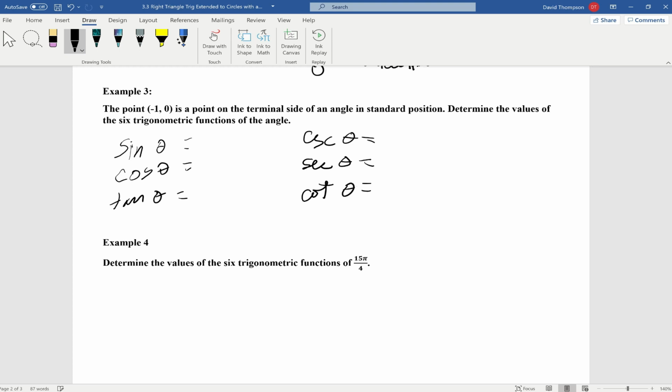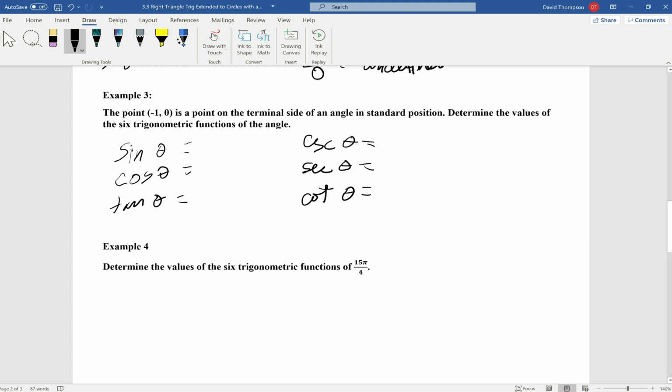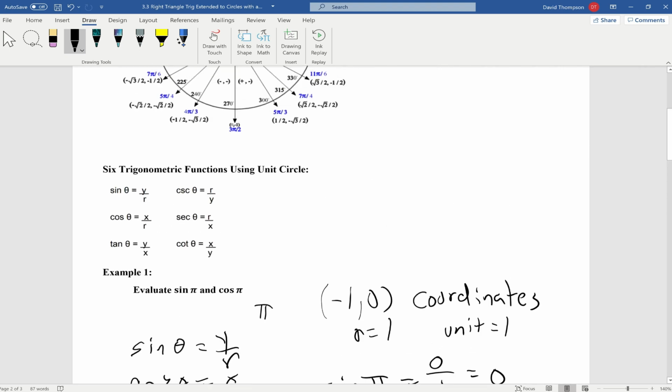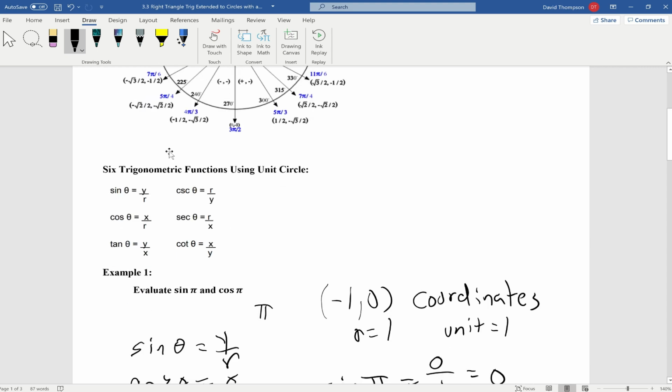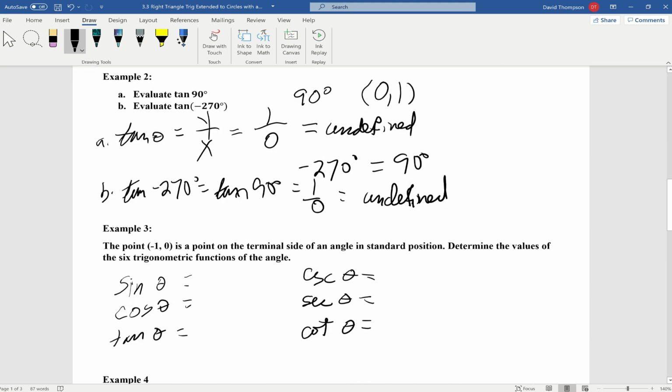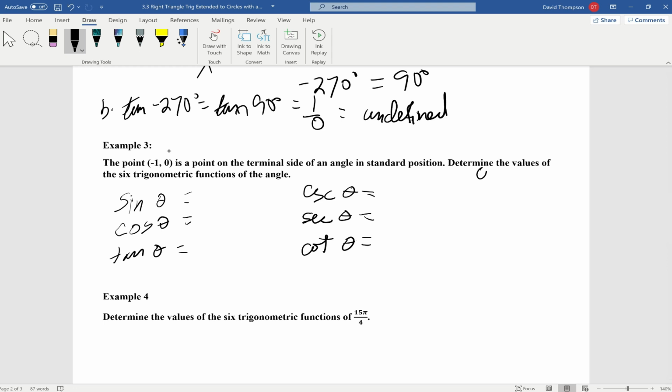What we need to do is figure out what point we are talking about. We find the point (-1, 0), that's 180. So we know our theta is 180.